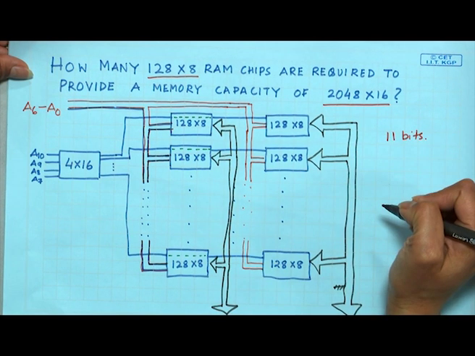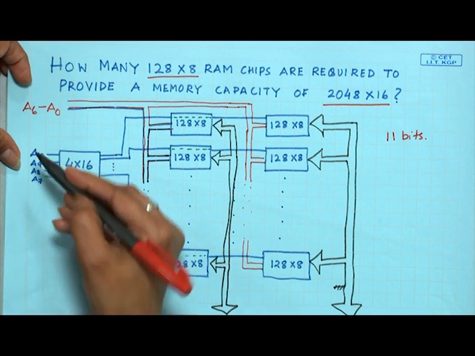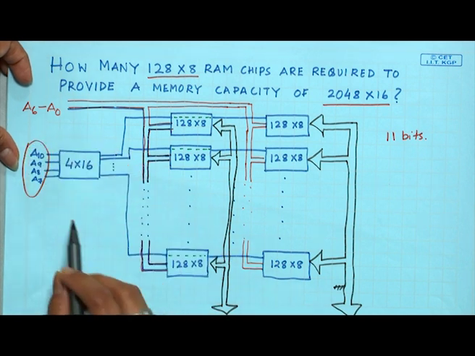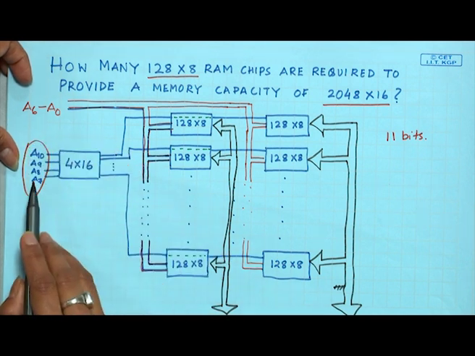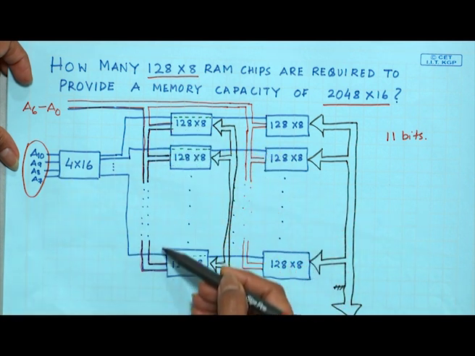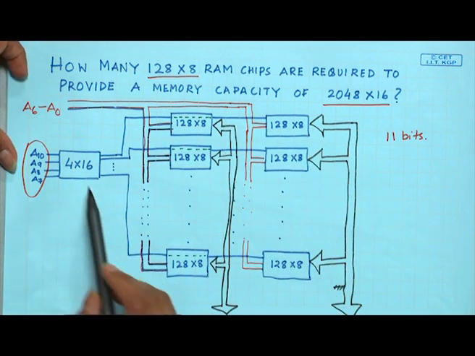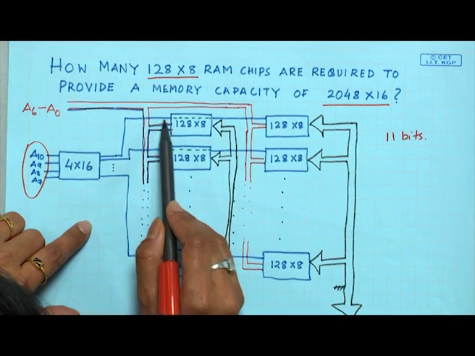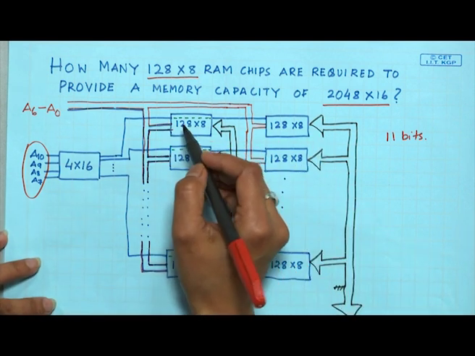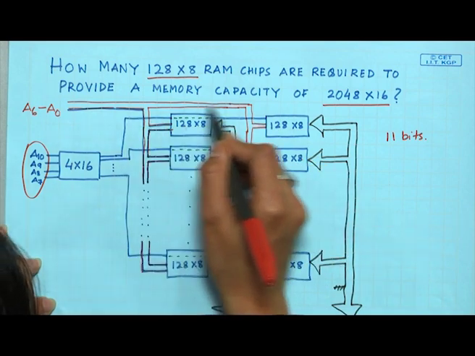How will those 11 bits be organized? In the same way, the high order 4 bits will be connected to the decoder to select any one of the 16 chips, but we have a total of 32 chips. So, this decoder is connected to both the chips in the same row.